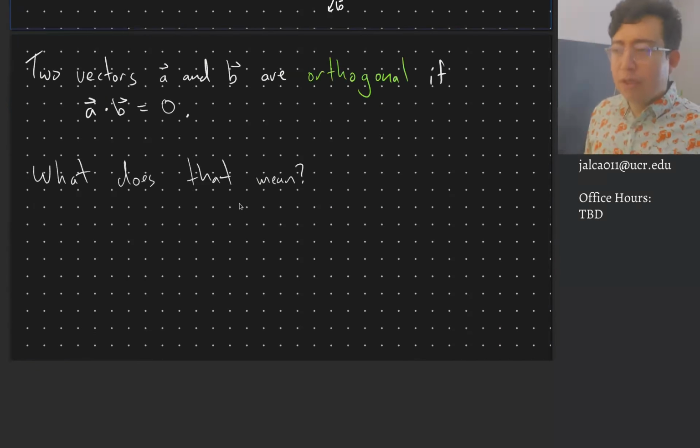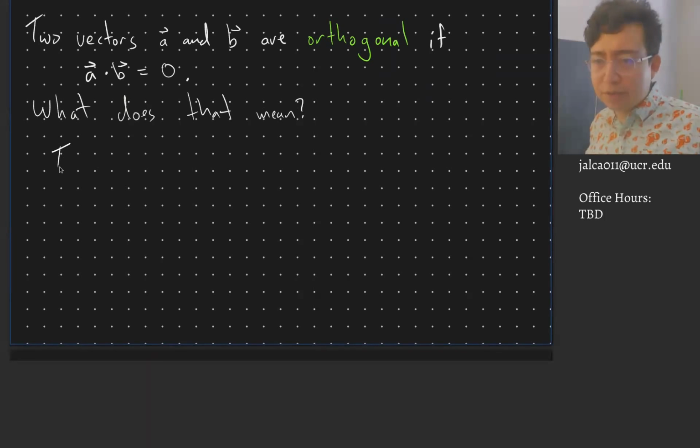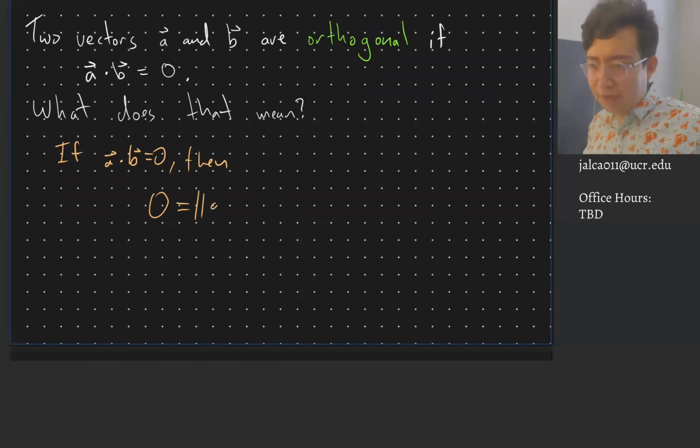So if the dot product of these two vectors is 0, then by that formula, the product of the norms times the cosine is 0.